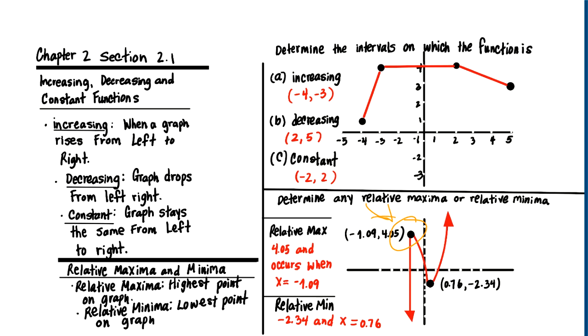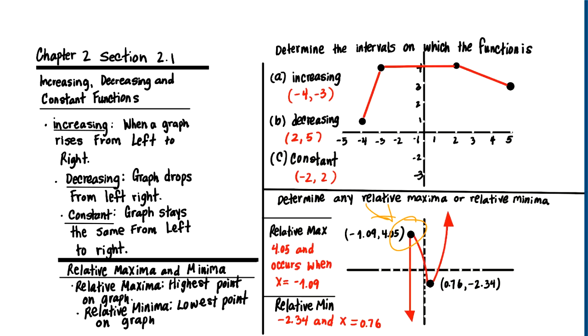And whatever y is, 4.05, your relative max is 4.05, and it occurs when x is negative 1.09. That's like their giveaway, because on my math lab, they're going to say, what is your relative max and where does it happen? And it's going to say x is. So they give you half of the information, and you just have to write in your y.